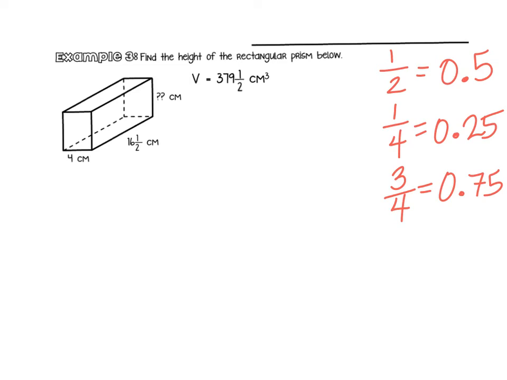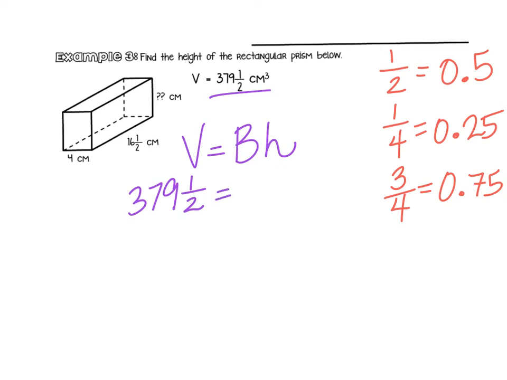So starting again with my formula, volume equals the area of the base times the height. My volume this time is 379.5 centimeters cubed. The area of the base comes from my length times my width, which would be 4 times 16.5.